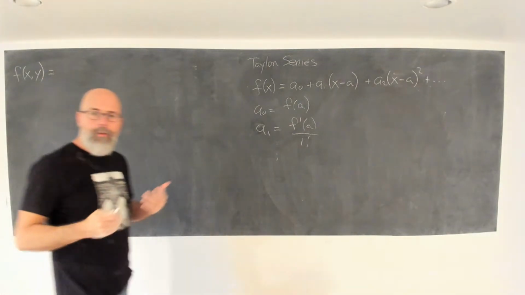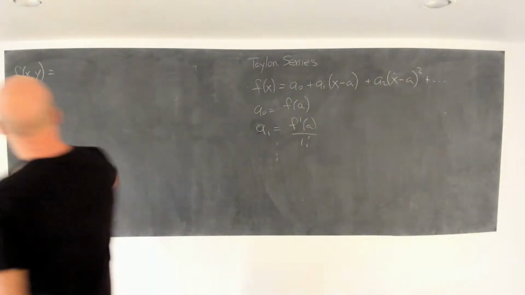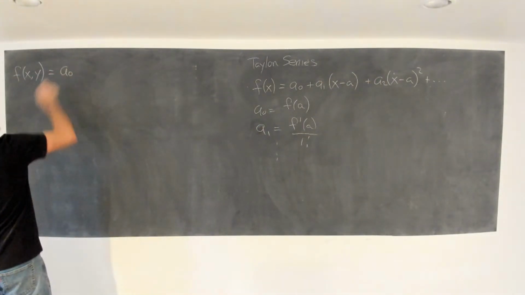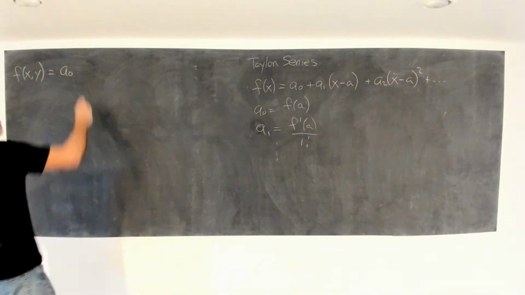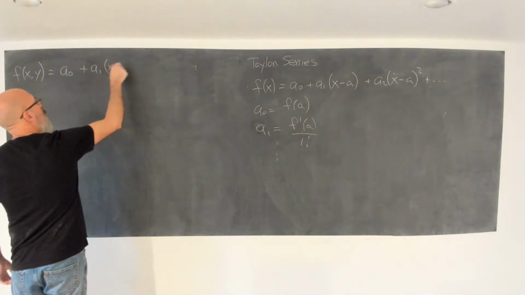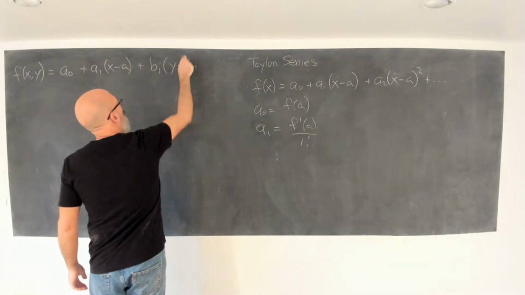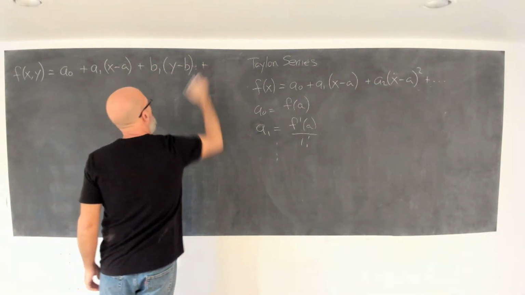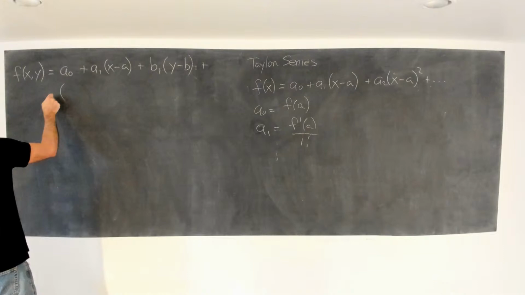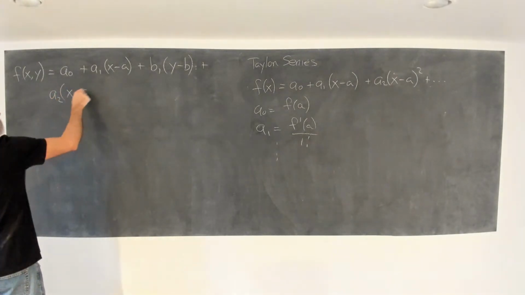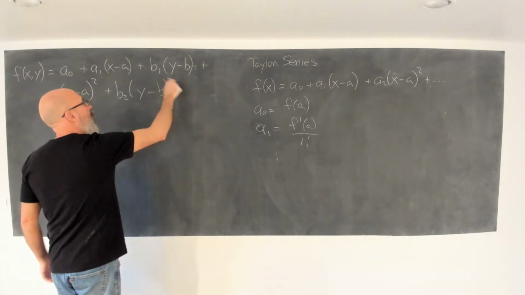Suppose you wanted to have some sort of polynomial in x and y, right? So a1 times x minus a, but you also want y's. Let's call it b1 times y minus b. And then a second derivative, if you will. a2 times x minus a squared, b2 times y minus b squared.